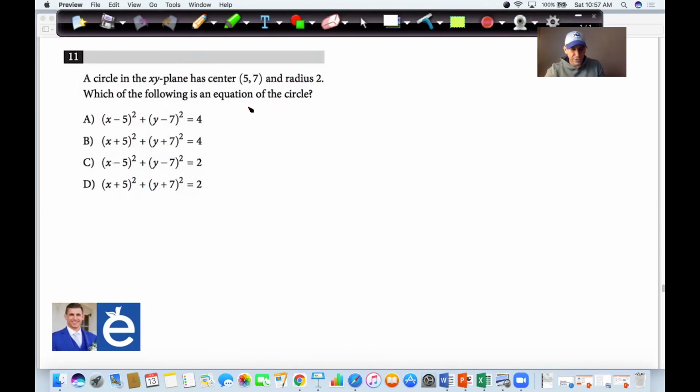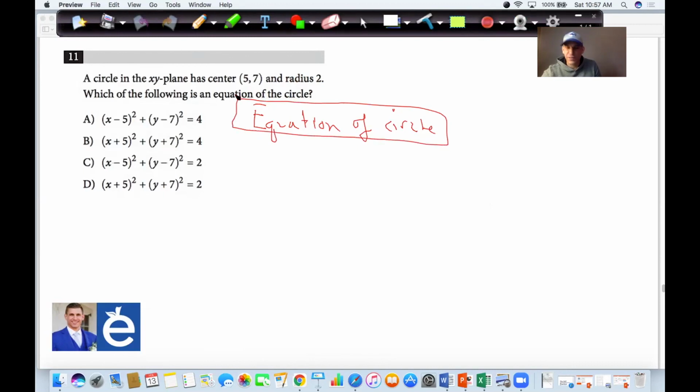Now, for the equation of a circle, let me just position myself here. First of all, this is probably the most popular equation on the SAT that they do not give you, okay? So one major master tip I will give you is about when you get your test booklet on the day of the test, and I'll show you in a moment.